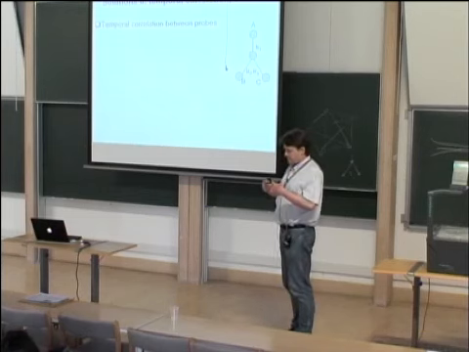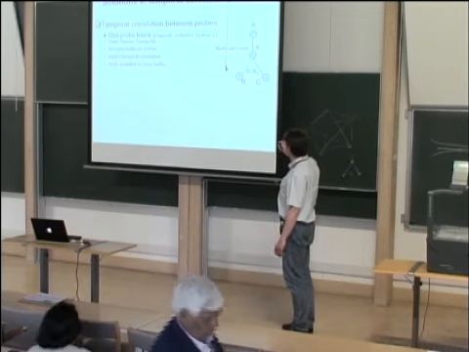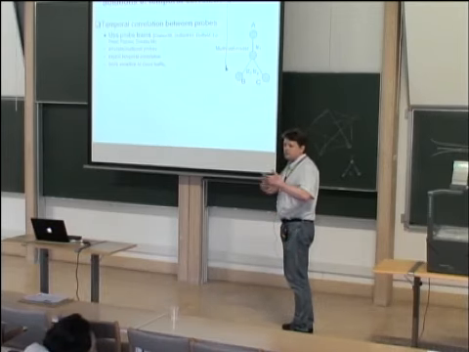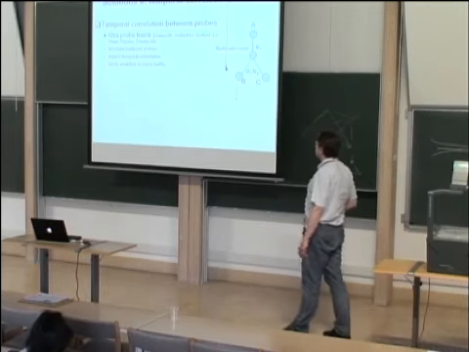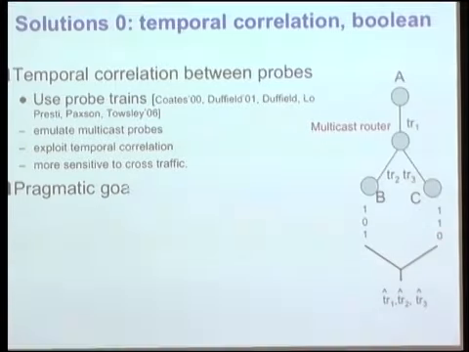So you use probe trains in which you send packets back to back and hope that they emulate multicast quite well, exploiting this temporal correlation. But of course, it's an emulation. It's not as perfect as a perfect multicast, and so it's more sensitive to cross traffic. In particular, if you have a very long path, you can have cross traffic later in your network. Okay, but that's one of the solutions.